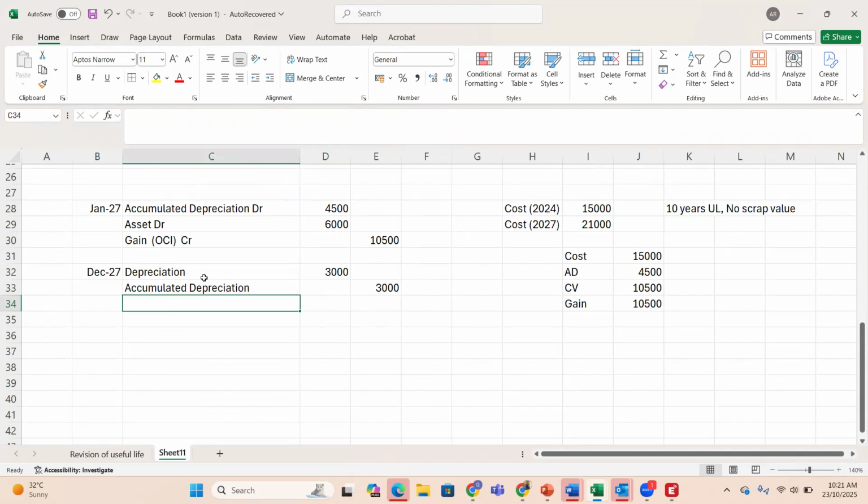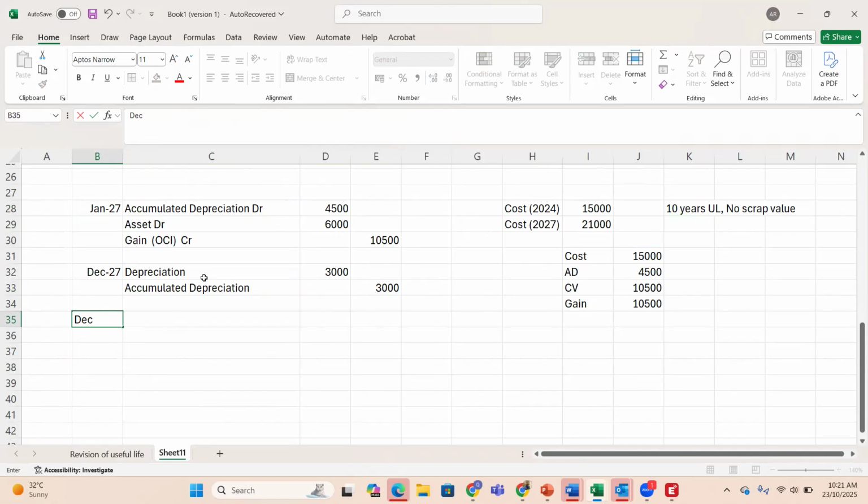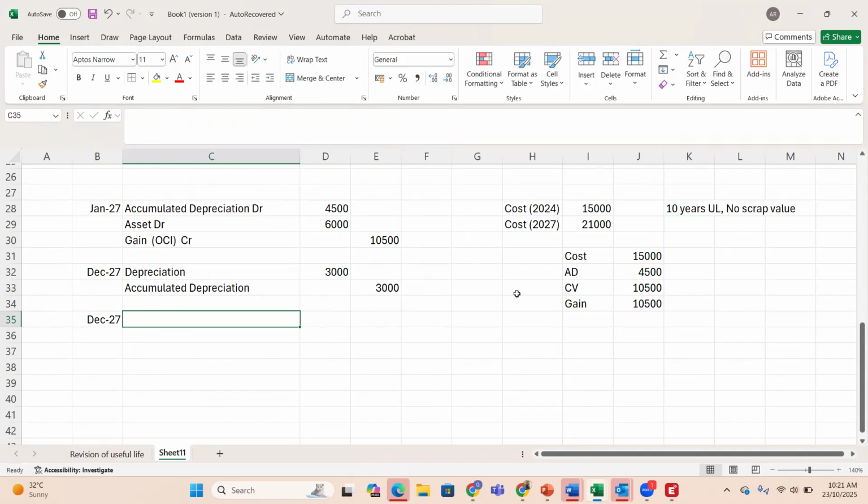Correct. Now, what is happening is every year you can transfer this revaluation gain to the extent of the depreciation which was there before versus the depreciation which is there now. So on a systematic basis, see 10,500 is going to be the revaluation reserve. So this gain is what resulted in the depreciation becoming 3,000 from what? 1,500.